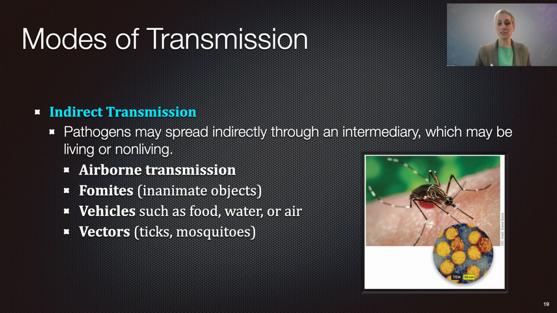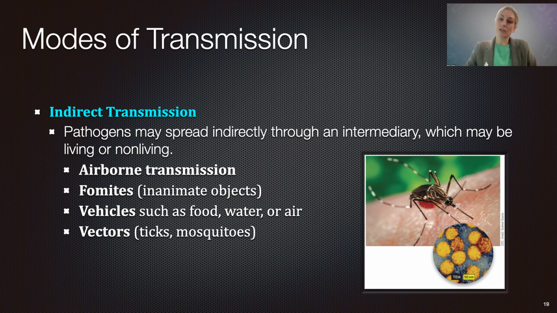Vehicles are going to be things such as food, water, and air, whereas a vector, on the other hand, is something living like this mosquito or a tick carrying Lyme disease. And actually, the most deadly animals are mosquitoes because they carry disease. So those are our vector-borne diseases.